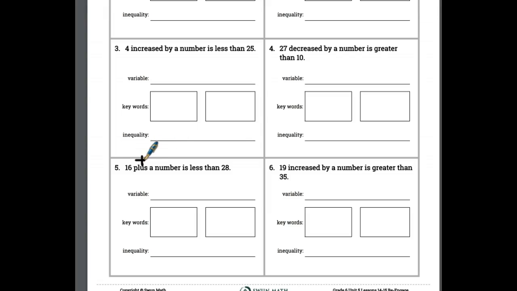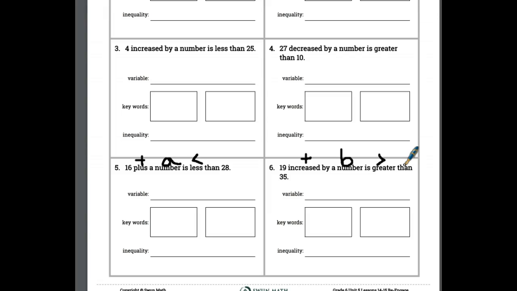Plus means I'm going to be adding a number. This is going to be A, is less than 28. And 19 increased. Increased means addition. By a number, we'll put B here, is greater than 35.